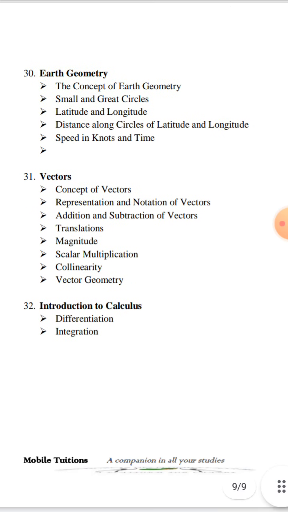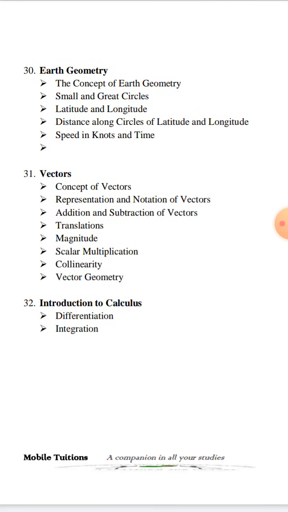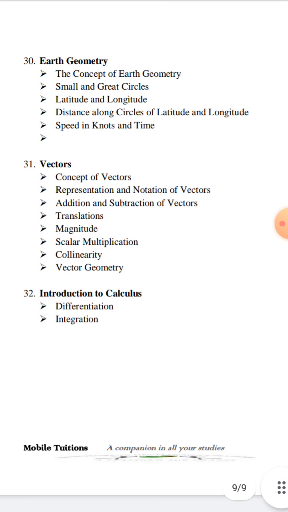So all this is the overview of our curriculum. Then 31 looks at vectors and whatever falls under it. And lastly, the last topic in our mathematics introduces you to calculus, where we look at differentiation and integration.